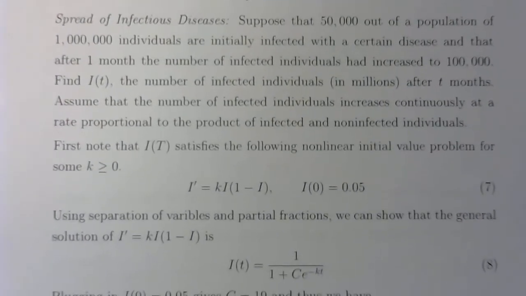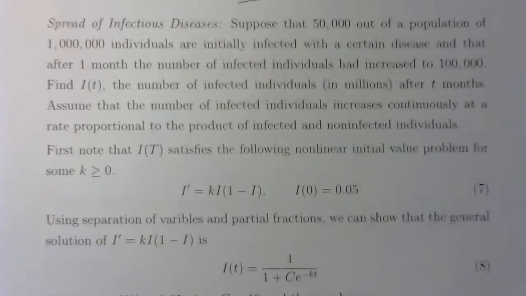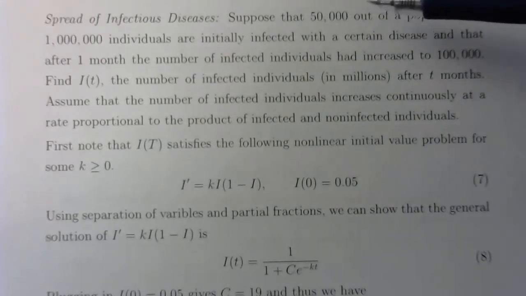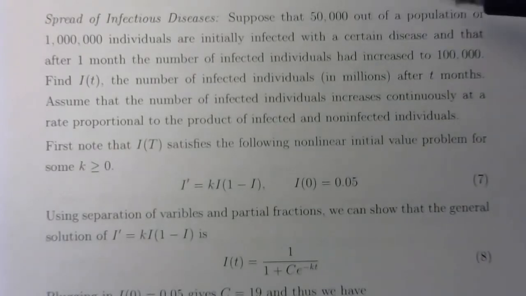So let's look at an example of a separable nonlinear differential equation and think of it in terms of mathematical modeling. So we're going to look at a disease model, a very simplified one, that says, suppose we have some infectious disease that has affected 50,000 out of a population of 1 million individuals.